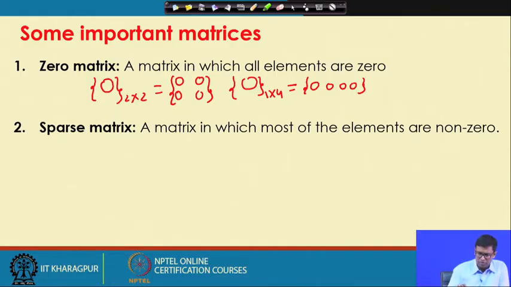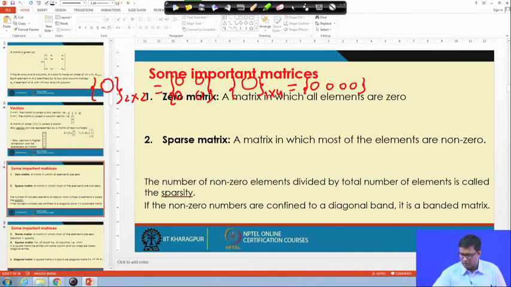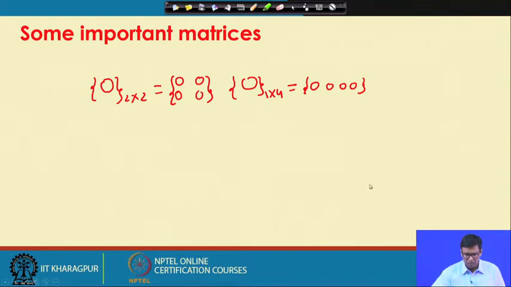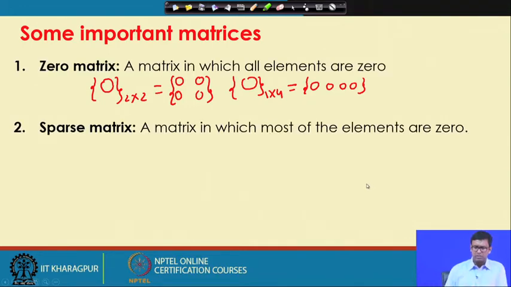Sorry, there is a mistake here. A sparse matrix is a matrix in which most of the elements are 0.